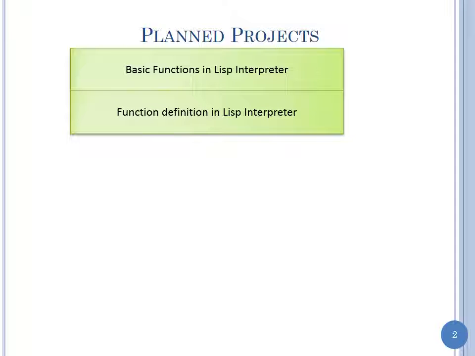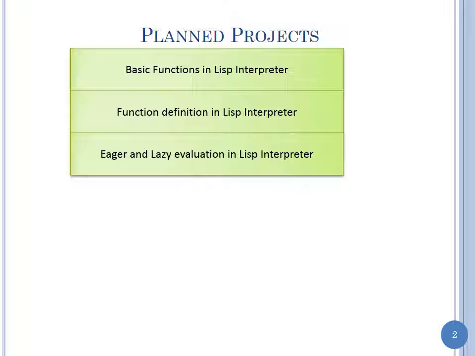And then what do we do? I talked about eager and lazy evaluation, and we want to go beyond what a Lisp interpreter does, what CLisp does. That would be a cool bragging point. So we'll do lazy and eager evaluation in the Lisp interpreter, and that's where we'll get into concurrency for eager evaluation.